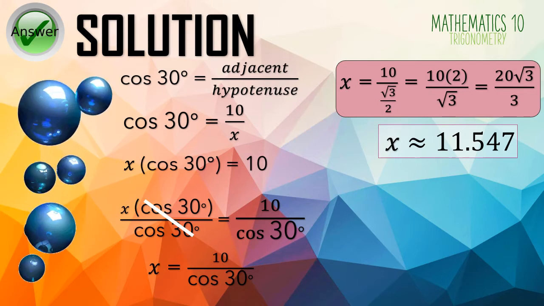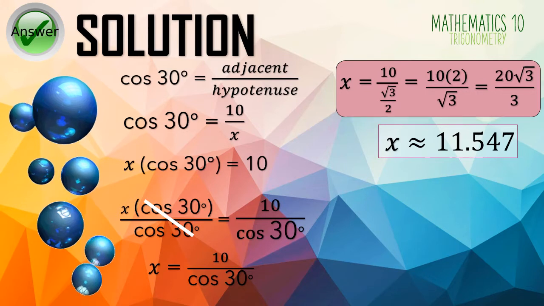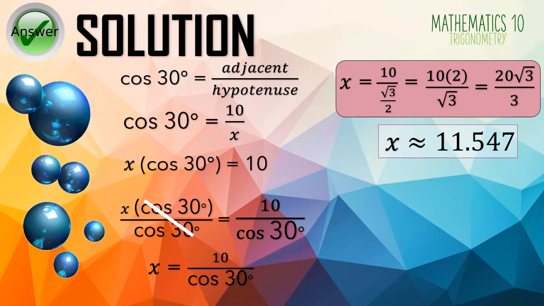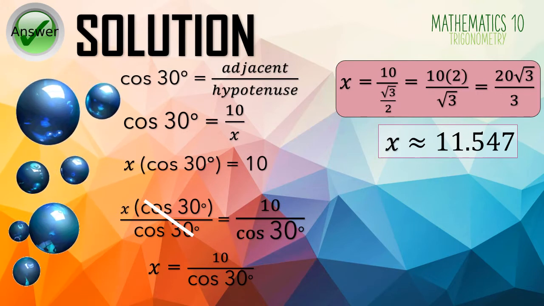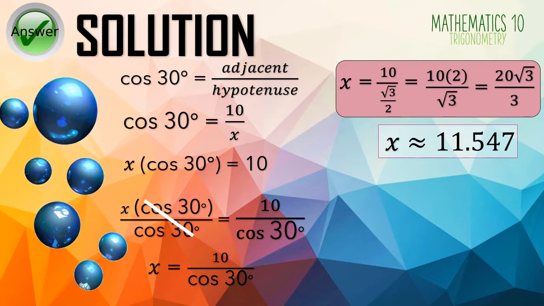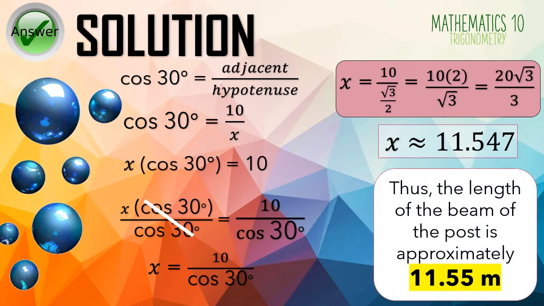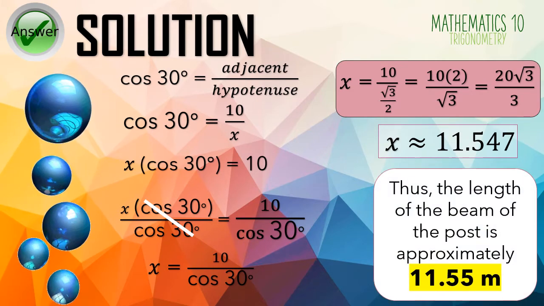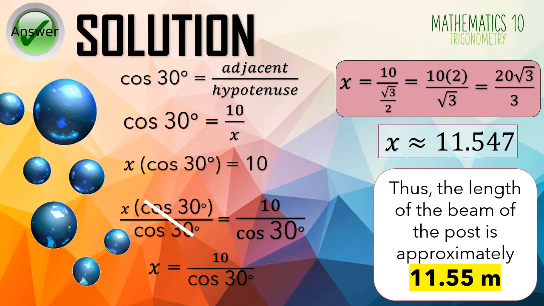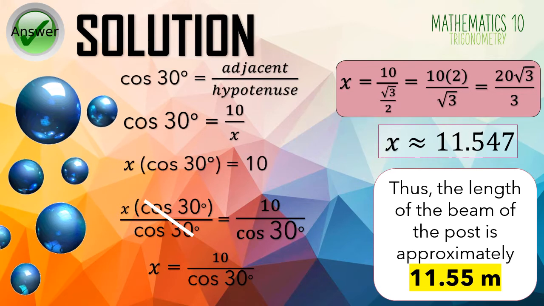But actually, you can directly input in your calculator the 10 divided by cosine 30 degrees, and you will also get 11.547. Lastly, you will write your final answer in sentence form. Thus, the length of the beam of the post is approximately 11.55 meters.